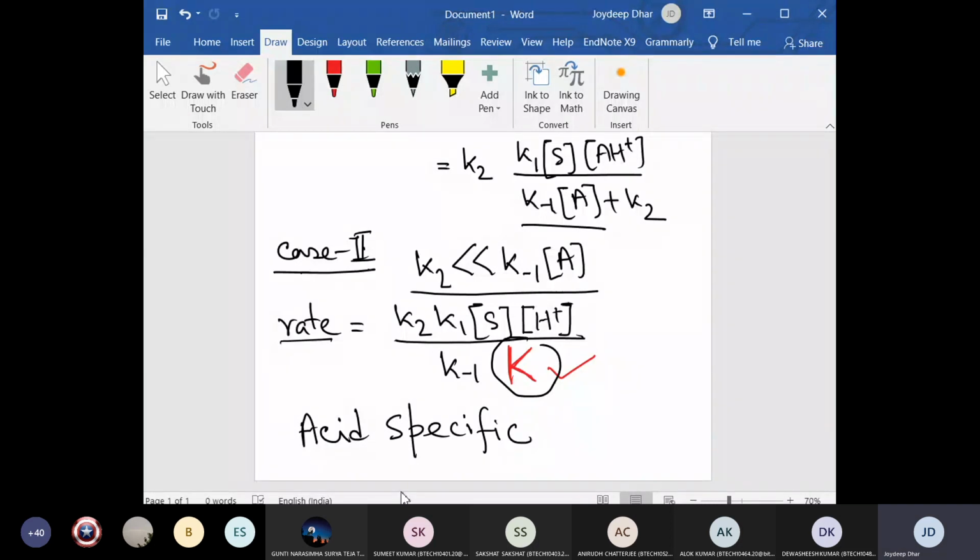So whatever you take, you can take H2SO4. Each acid will have its equilibrium constant K value, and according to that it will change. Okay, it is present in the denominator.